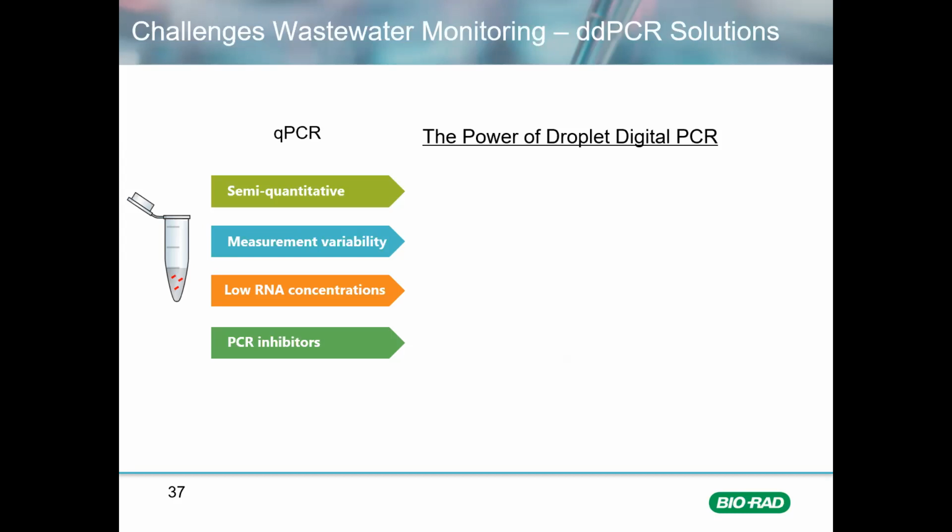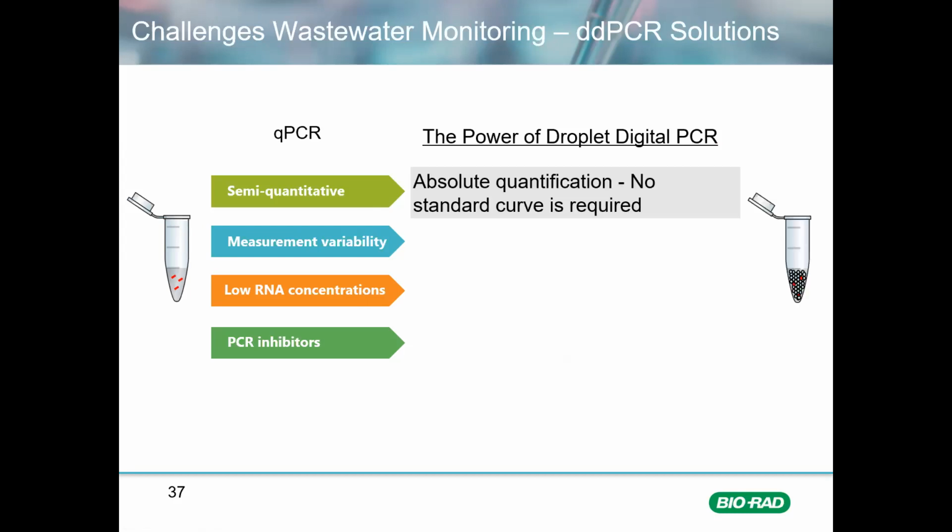If you want to do absolute quantification by qPCR, it requires that you run a standard curve, which means you have to be able to generate a standard curve and maintain those standards, particularly if you're doing a longitudinal study. You need to make sure that you have those standards available throughout the entire study. ddPCR, however, is absolute quantification by nature, so there's no need to have a standard curve.